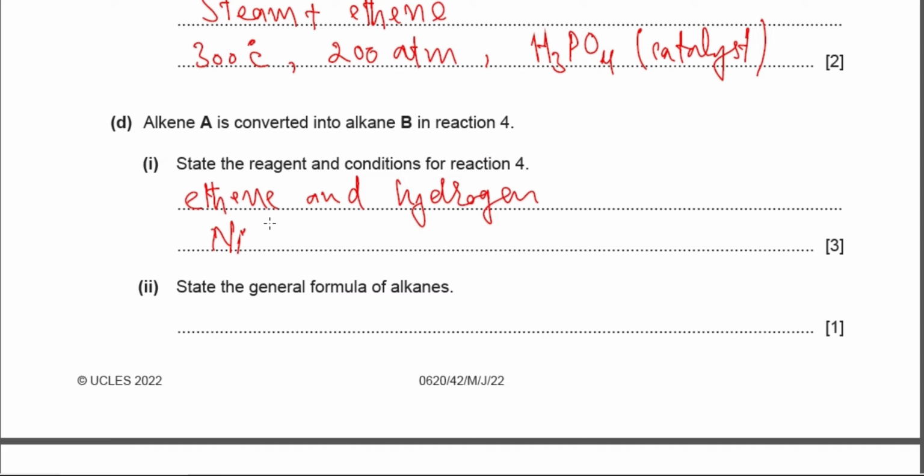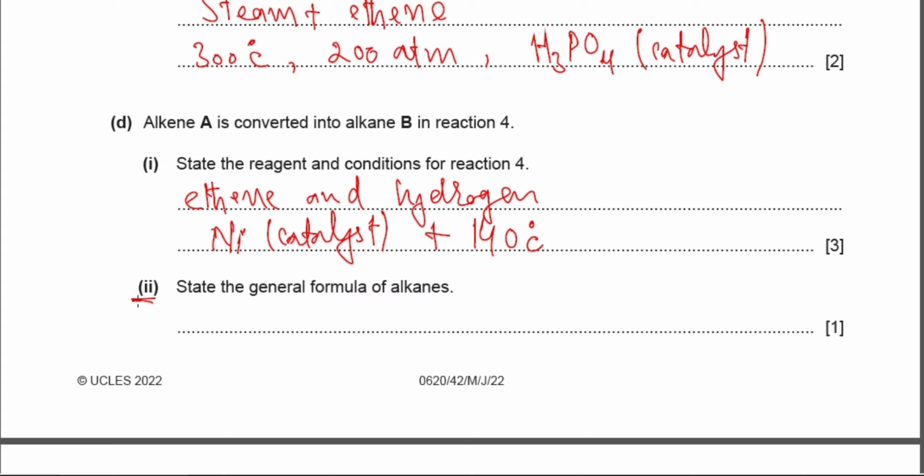We are using nickel as a catalyst, and we were using 140 degrees Celsius temperature. Recall, and if you don't remember, then please add this to your exam notes and try to recall plus memorize.